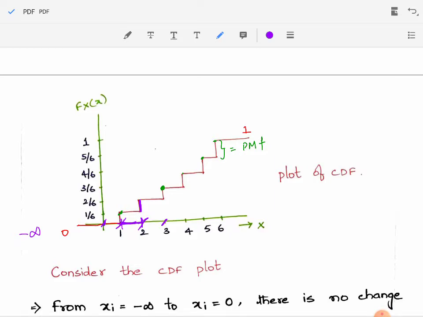At 3, there is a jump from 2 by 6 to 3 by 6, which is 1 by 6. At 4, 3 by 6 to 4 by 6, again the jump seen is 1 by 6, which is equal to the PMF, probability mass function. Now from these observations we can plot the PDF.